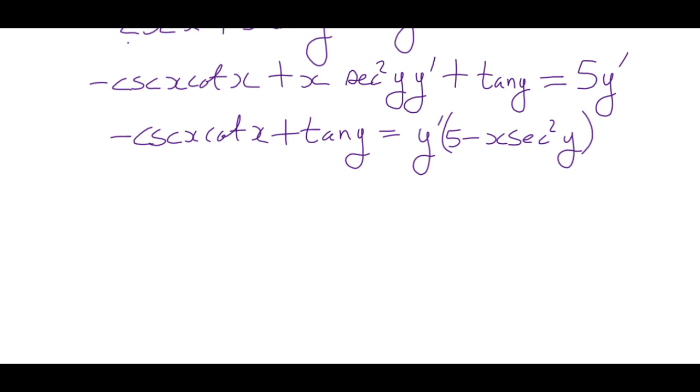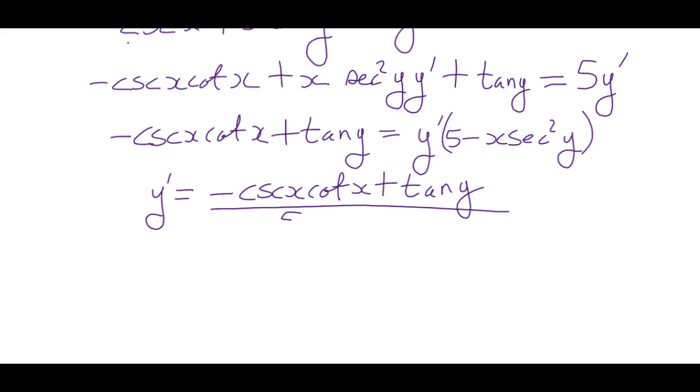I'm subtracting x secant squared y from both sides. I'll factor out the y prime at the same time, so give me y prime, and then 5 minus that. And so y prime is equal to negative cosecant of x cotan of x, plus the tangent of y, over that.